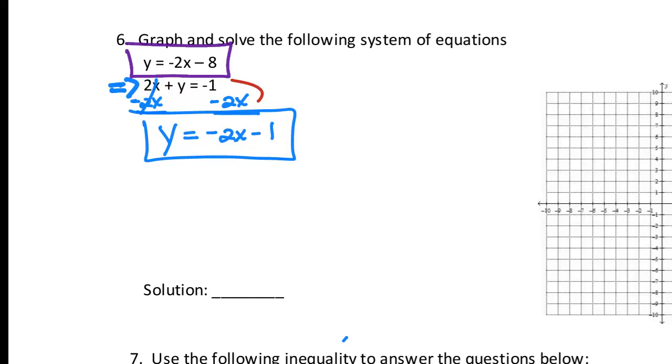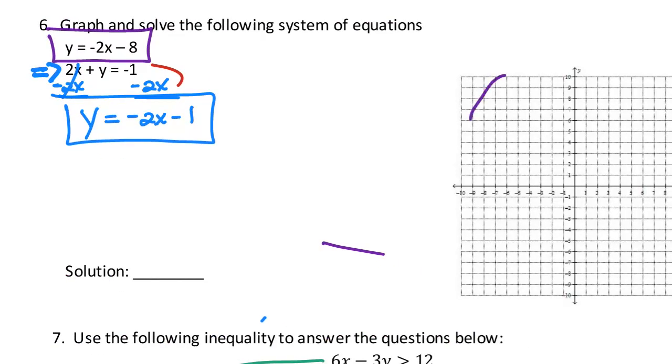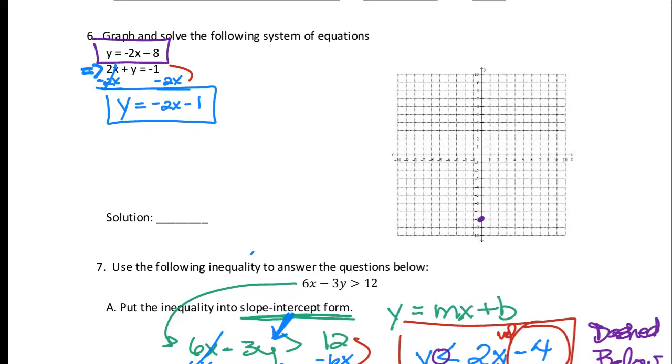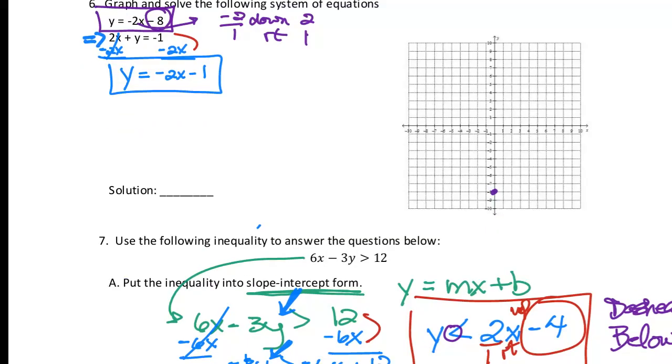So the purple one, y equals negative 2x minus 8. So start at negative 8. And that is down 2 over 1. So negative 2 over 1 is down 2, right 1.